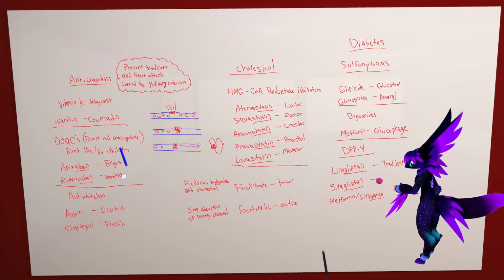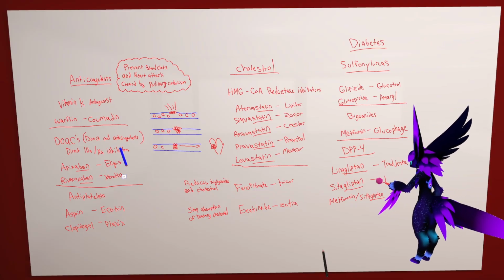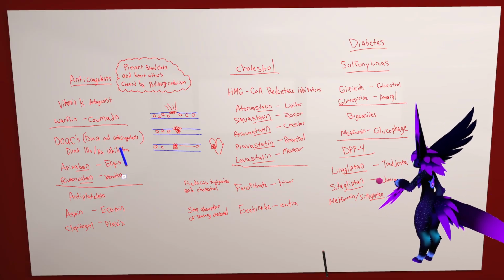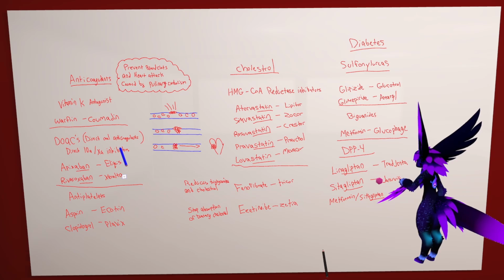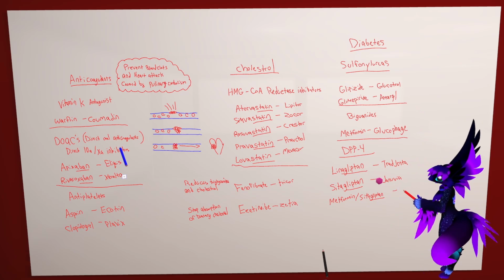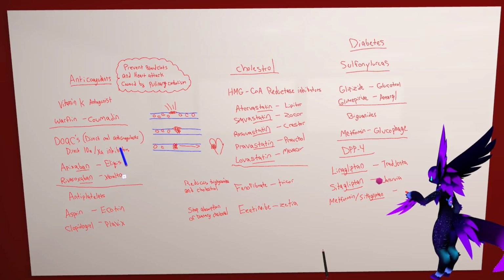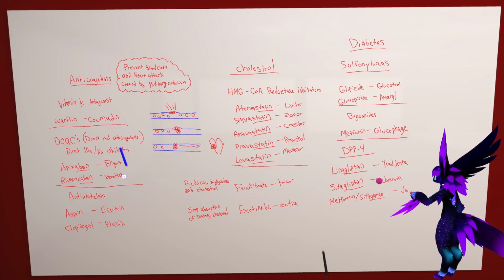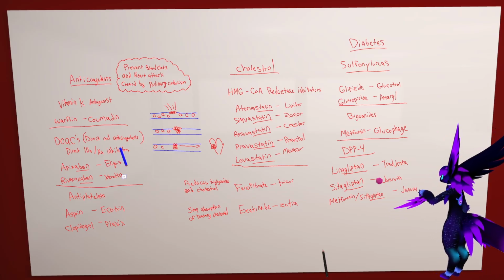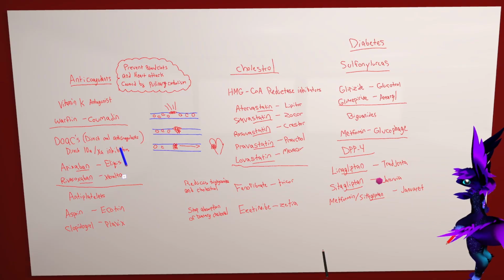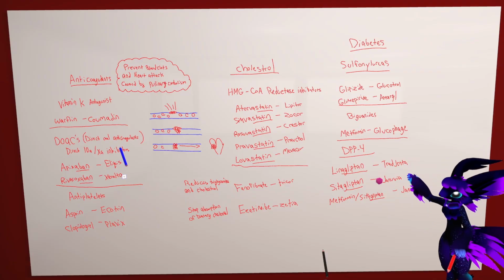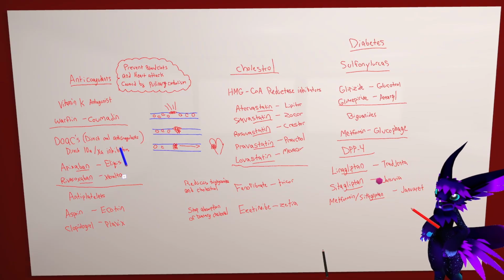Sitagliptin is known as Januvia. And the combination of metformin and sitagliptin is called Janumet. And those are all the DPP-4 inhibitor medications.